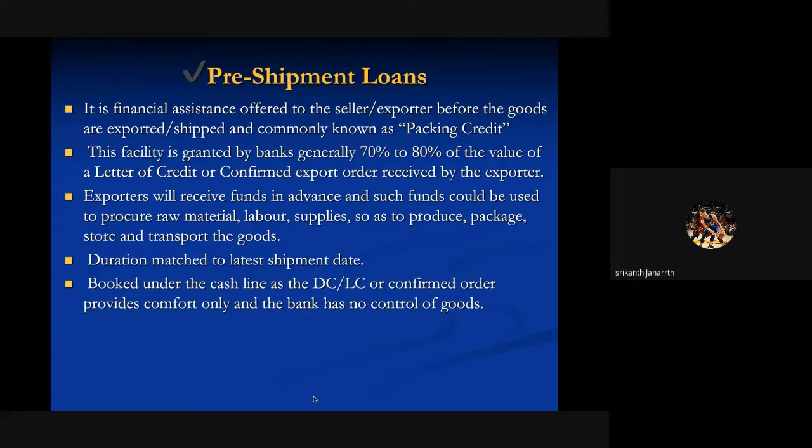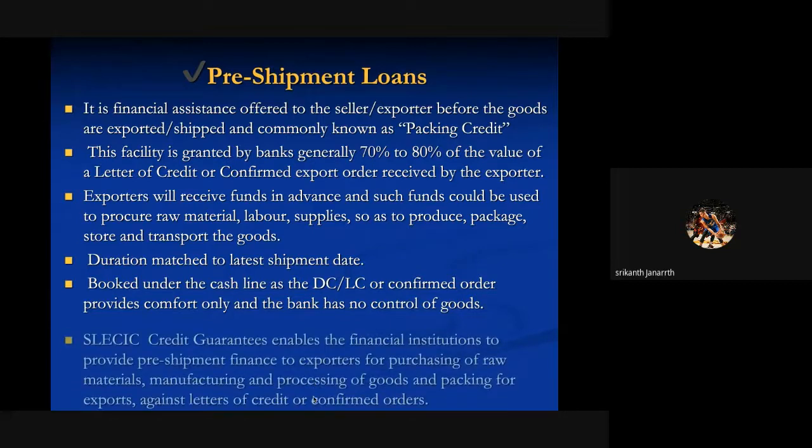The packing credit facilities are given to the exporter when he gets the order, for him to arrange the goods ready for exports. All the costs can be covered by the facility granted by the bank. So the exporter utilizes that money to keep the goods ready. When he exports the goods and the money comes, the bank will recover their proportion, $75,000, and credit the balance to the exporter's account.